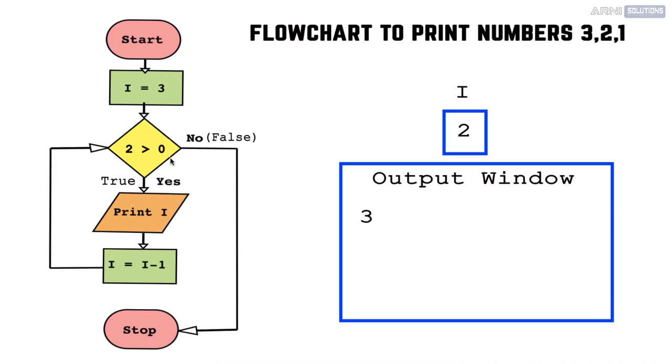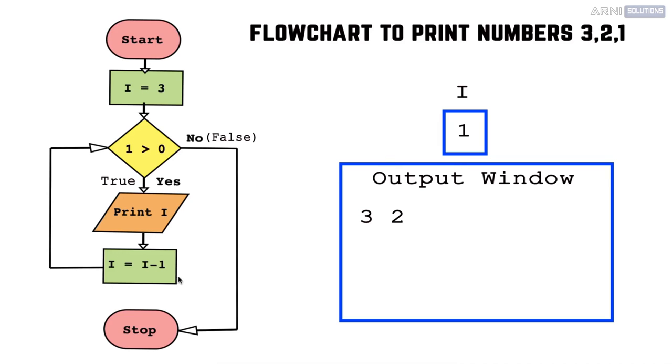Right now the value of I is 2. 2 is greater than 0, so yes, it is true. Since the condition is true, we again go inside the loop and simply print the value 2 on the output window. Now, after printing the value 2, we decrease the value of I again and make it 1.